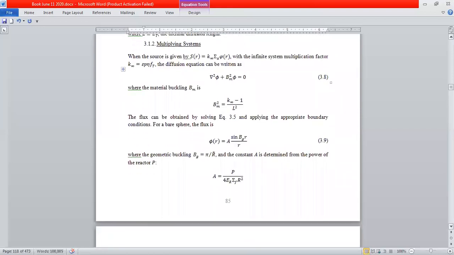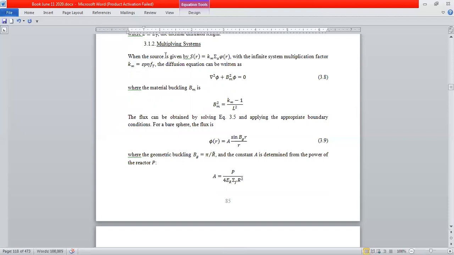Now let's look at a really nuclear system, a multiplying system. Whenever you have uranium or plutonium in anything which you do in nuclear reactors and nuclear weapons and nuclear assemblies, then you call that a multiplying system. Multiplying meaning that it multiplies the number of neutrons by fission.